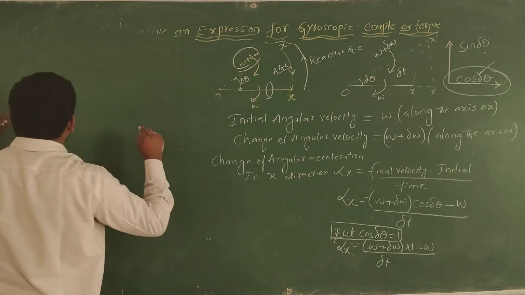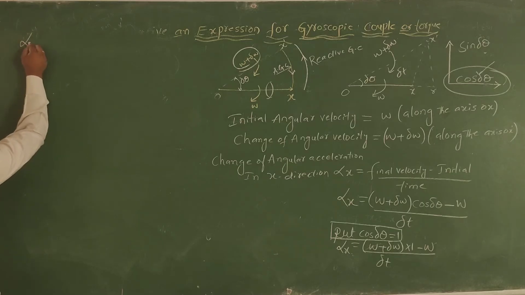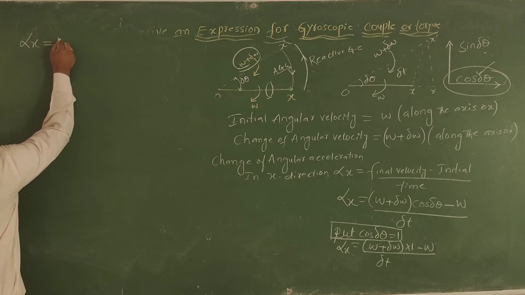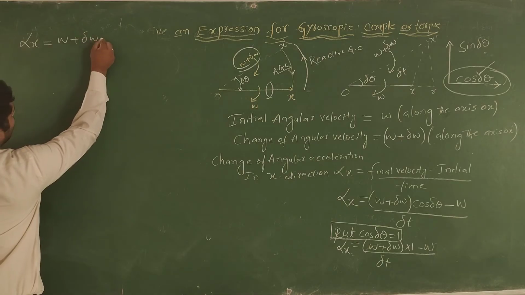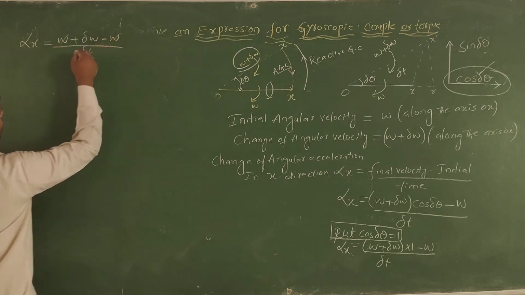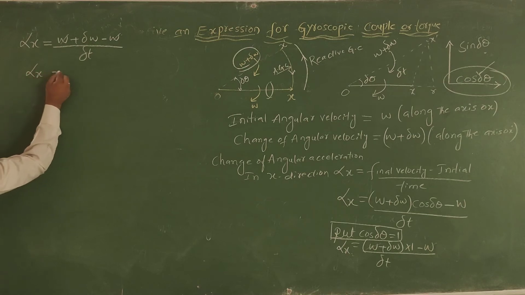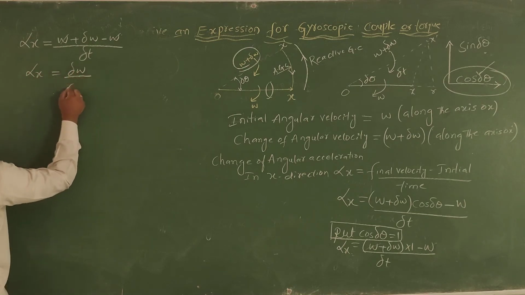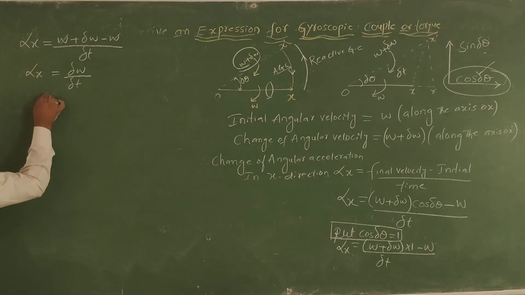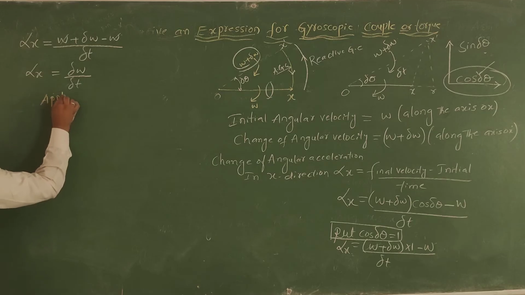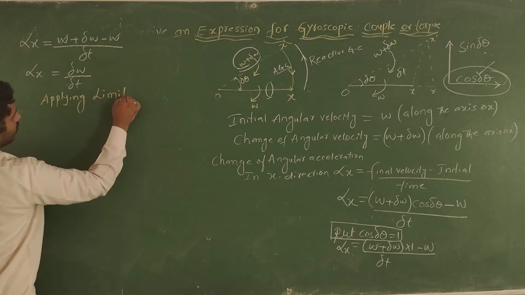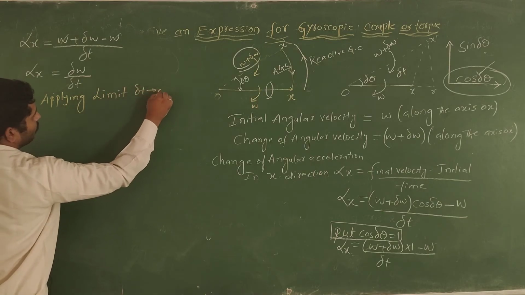So the angular acceleration in the x direction, alpha x, is equal to omega plus delta omega minus omega with respect to time. This omega and omega cancel. The angular acceleration is delta omega with respect to time. Again we need to apply the limit, delta t tends to 0.